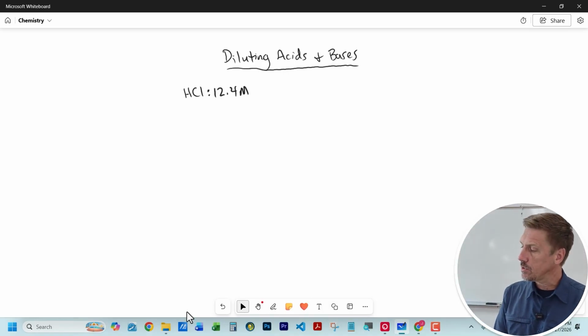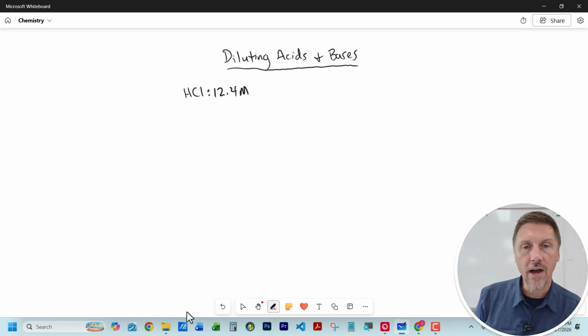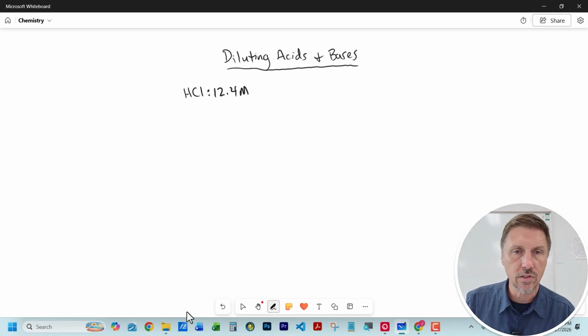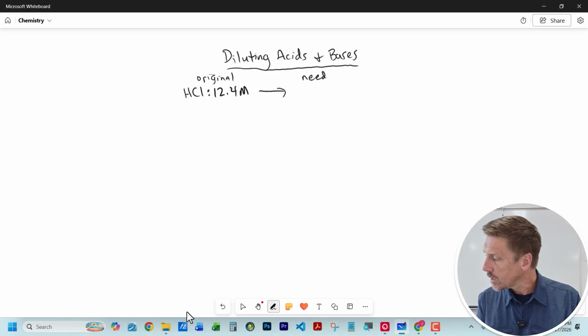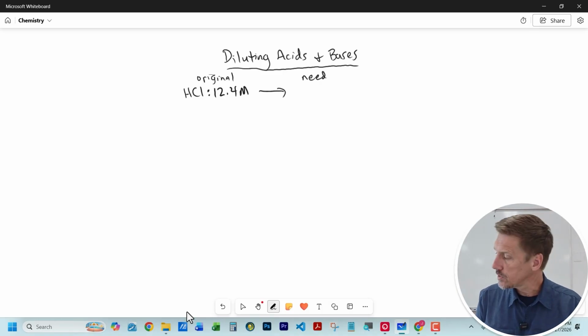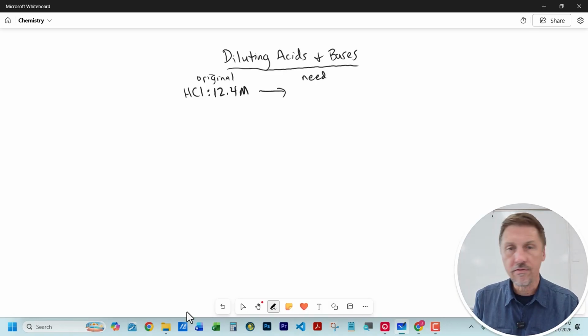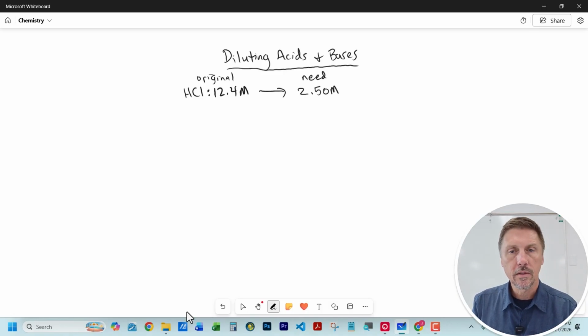If a chemist needs 250 milliliters of a 2.5 molar solution, so this is where we start, right? This is the original, as it is in the container that we buy. But what we need is 250 milliliters of a 2.5 molar solution. All right, we need 250 milliliters of that.